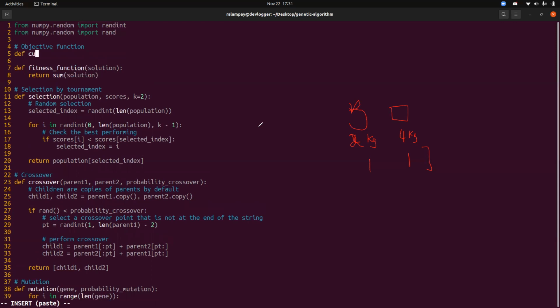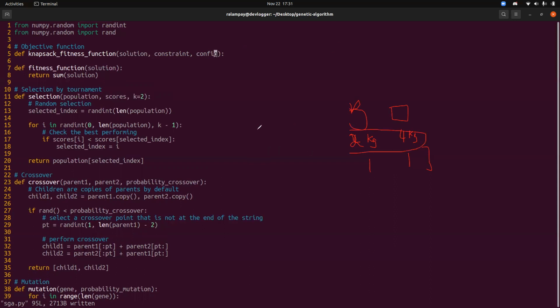But let's call this the knapsack fitness function. What else do we have to pass here? Well, we have to pass the solution. We also have to pass some constraint, and then we also have to pass maybe some config.